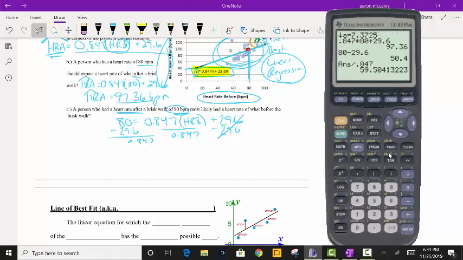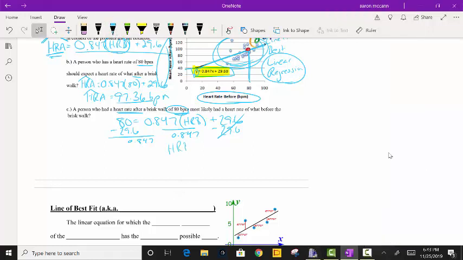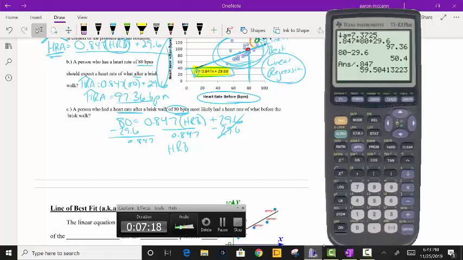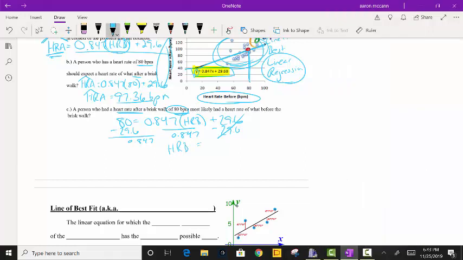And so a person who has a heart rate of 80 beats per minute after a brisk walk, based on our linear regression analysis, most likely had a heart rate of around 59.5 beats per minute before the brisk walk.